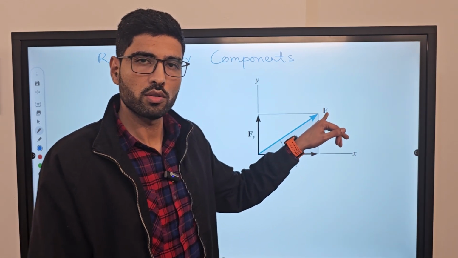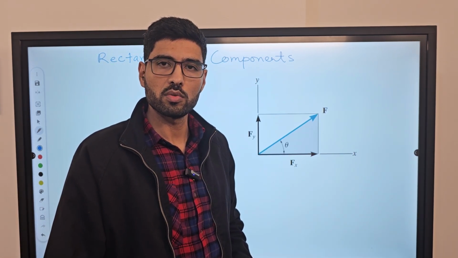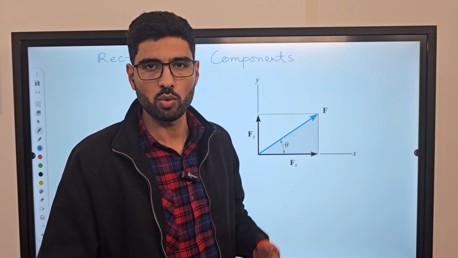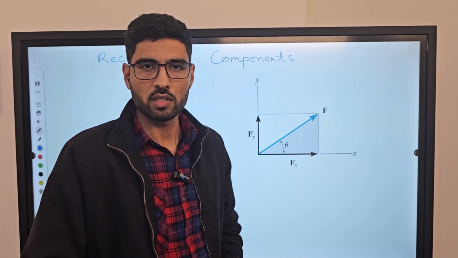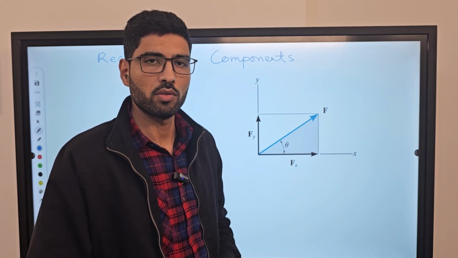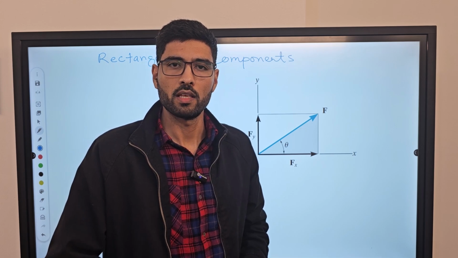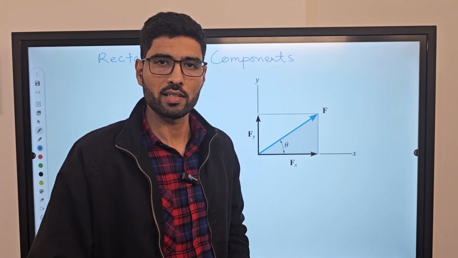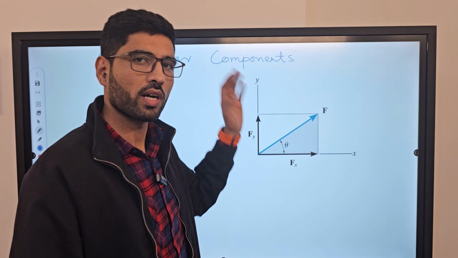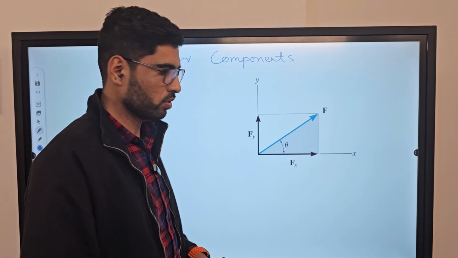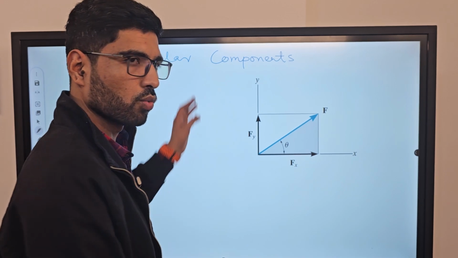Normally we want to represent this force F in terms of two rectangular components, one along the x-axis and one along the y-axis. If we want to represent a force in two components, we are dealing with a force acting in a 2D plane, the x and y plane, just like this screen or writing board, which has two dimensions, x and y.